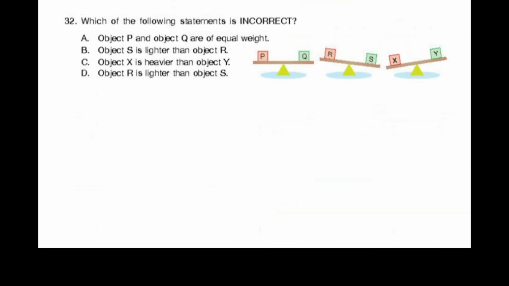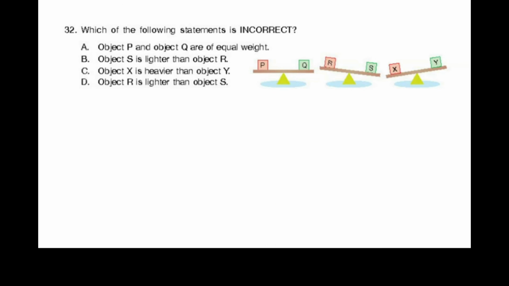Okay. 32. Which of the following statements is incorrect? Object P and Q are equal in weight. This is correct. Object S is lighter than object R. This is incorrect.